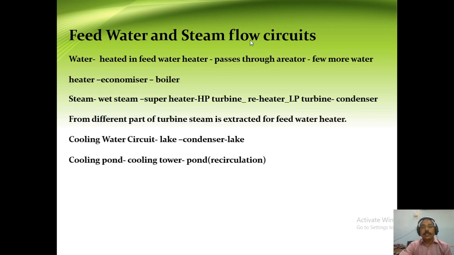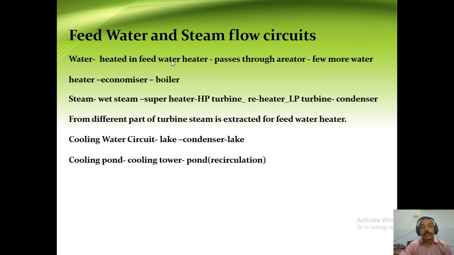Next is the feed water and steam flow circuit. We all know whatever water is fed to the boiler passes through the economizer. That means somewhat warm water we are passing to the boiler, so the efficiency of the boiler will increase. So this is the flow of the feed water.